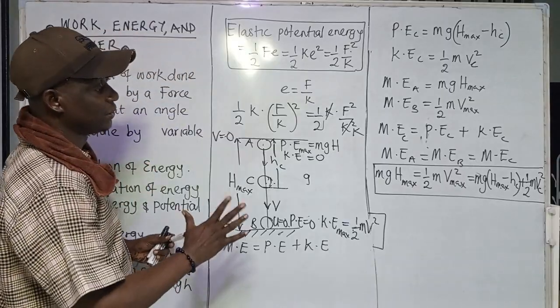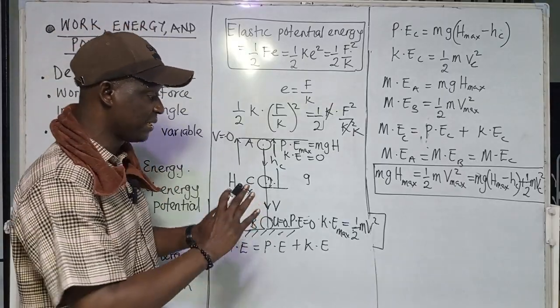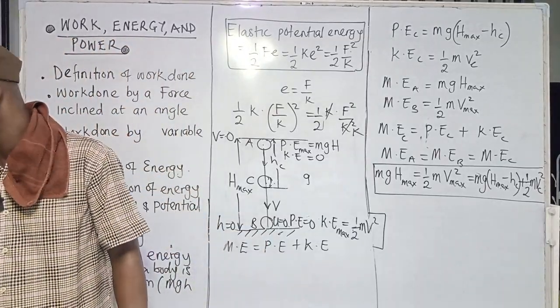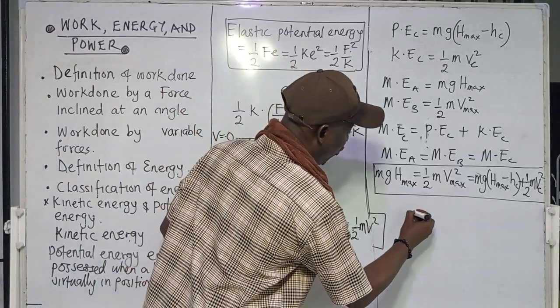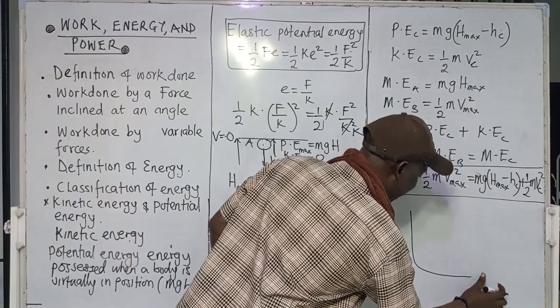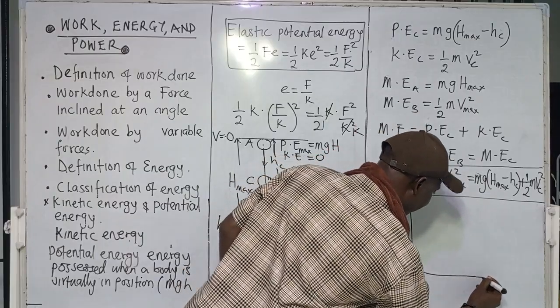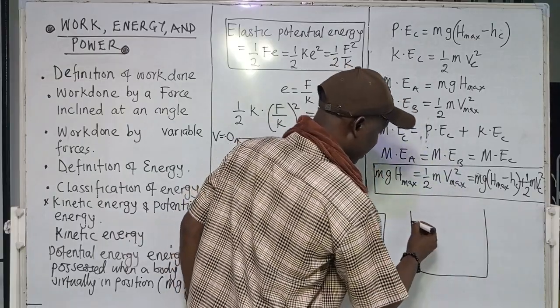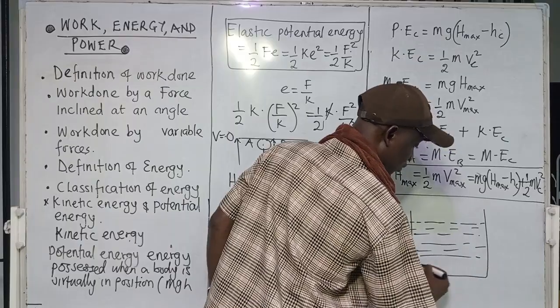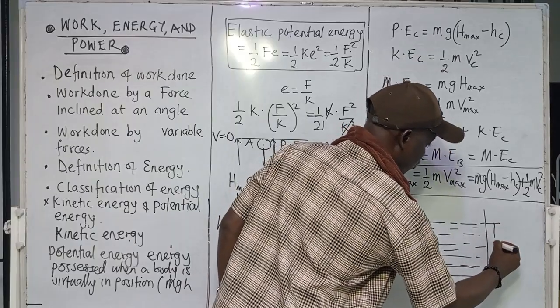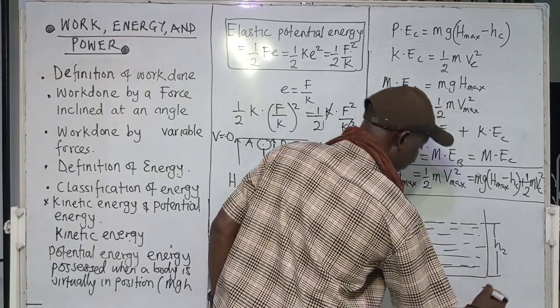So I believe that you understand it, because this is the basic thing we need to understand. Then the last one we want to look at is the potential well. If I have a well like this, class, and this is water, this water is H2 deep.